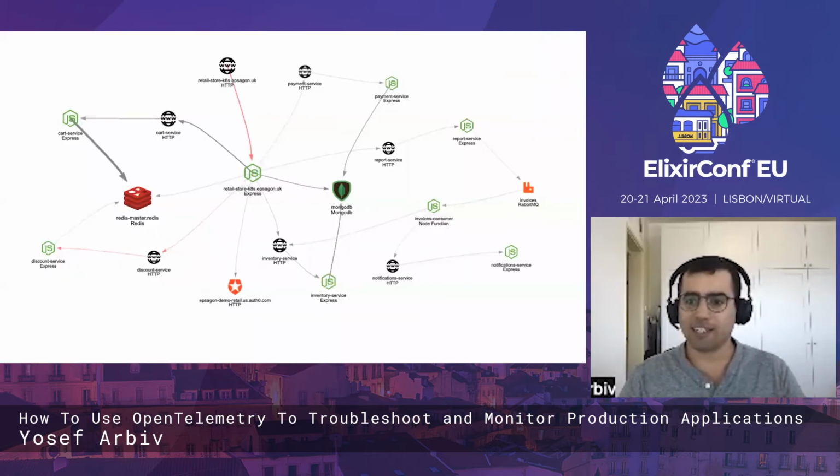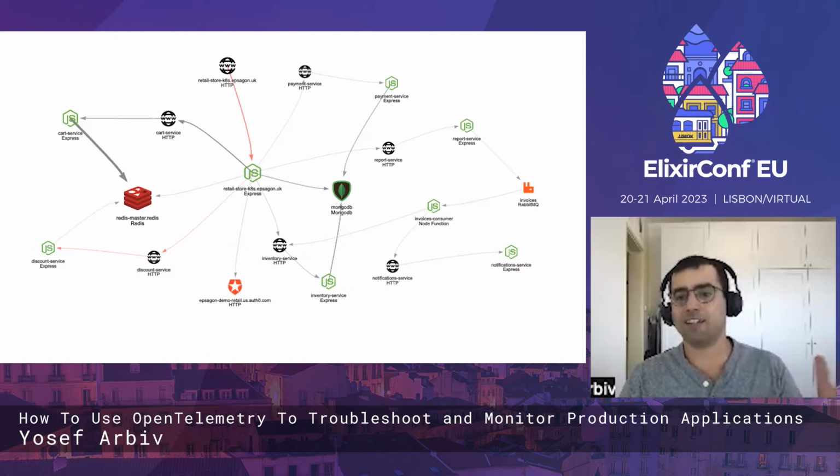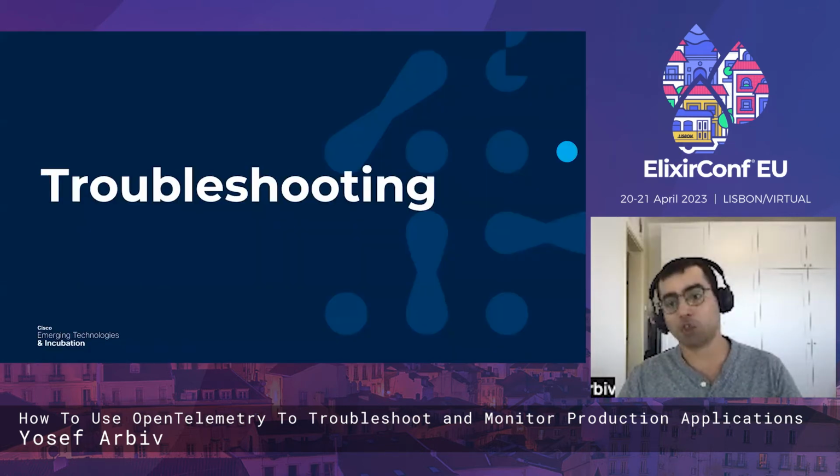Even understanding this diagram, understanding which services you have, which one of them participates in each flow, can be very difficult for the development team. So this is the first challenge when you're talking about microservices architecture. The second challenge is troubleshooting our application. Let's say that we have an alert that one of our applications has too many 500 errors.